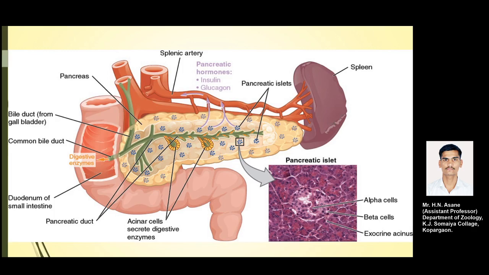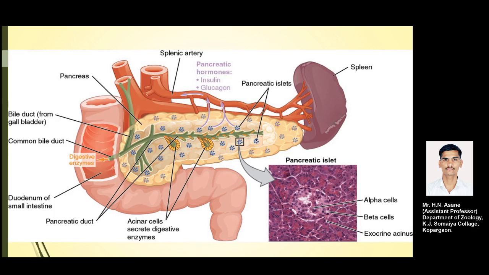The lumen of these acini is continuous with the intercalated ducts. That means they have one common duct, and these small ducts open into this one common duct, the intercalated duct.